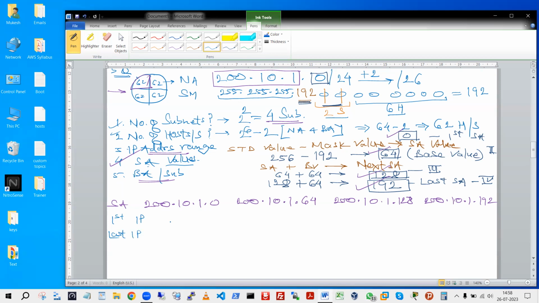That means the range. And also the broadcast address. So first IP, you know, is always one more than the network address. What is one more? Just a minute.